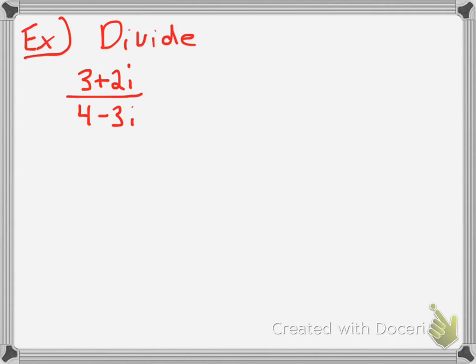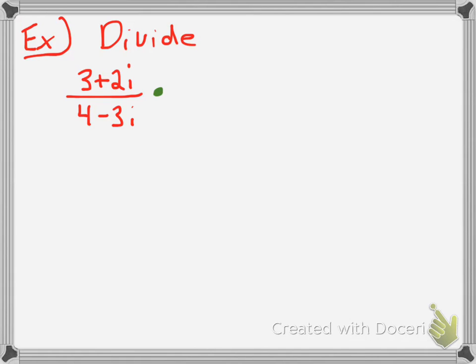If we go back to the previous lecture, we don't want i in the denominator. Since this is a complex number here, I have to deal with it a little differently than what I did in the previous lecture. So here's what we're going to do. We're just going to cut to the chase.